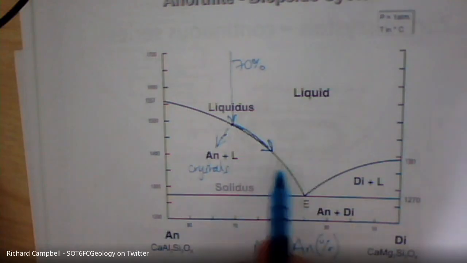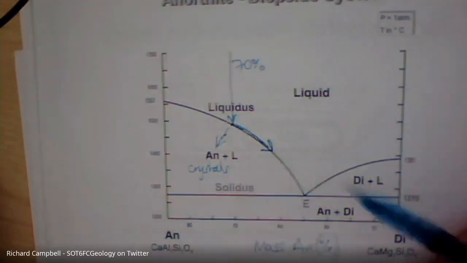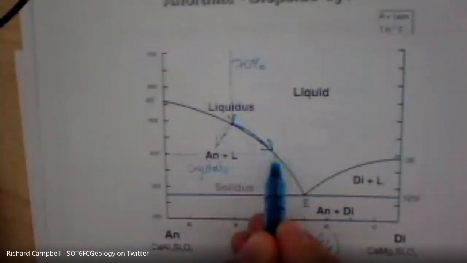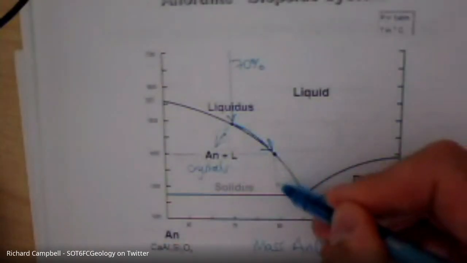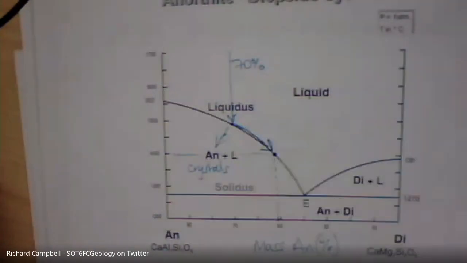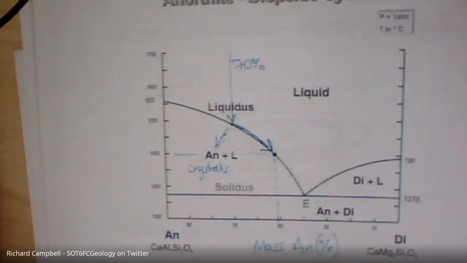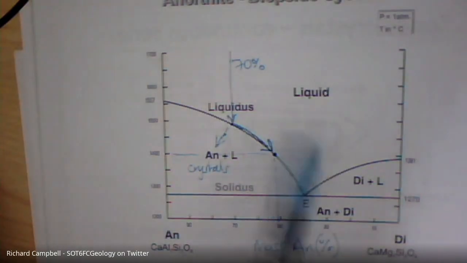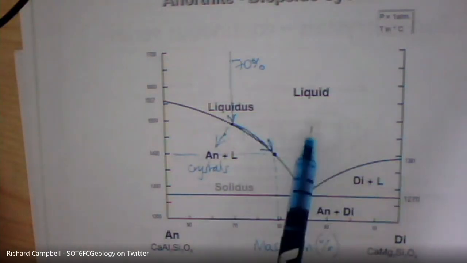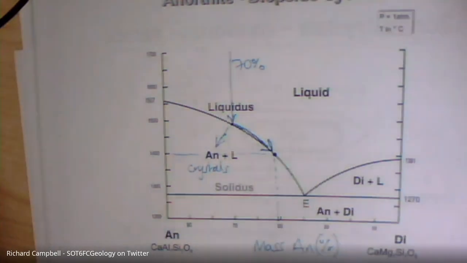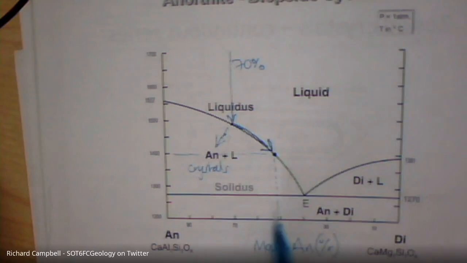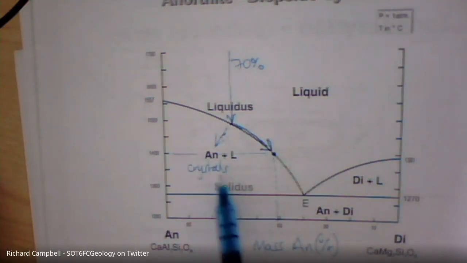It gradually becomes more and more depleted, let's say at 1400 degrees Celsius there. We'll read off just over 50% anorthite, and that's in our liquid. Obviously, because some of those anorthite crystals are now in that crystal system there.